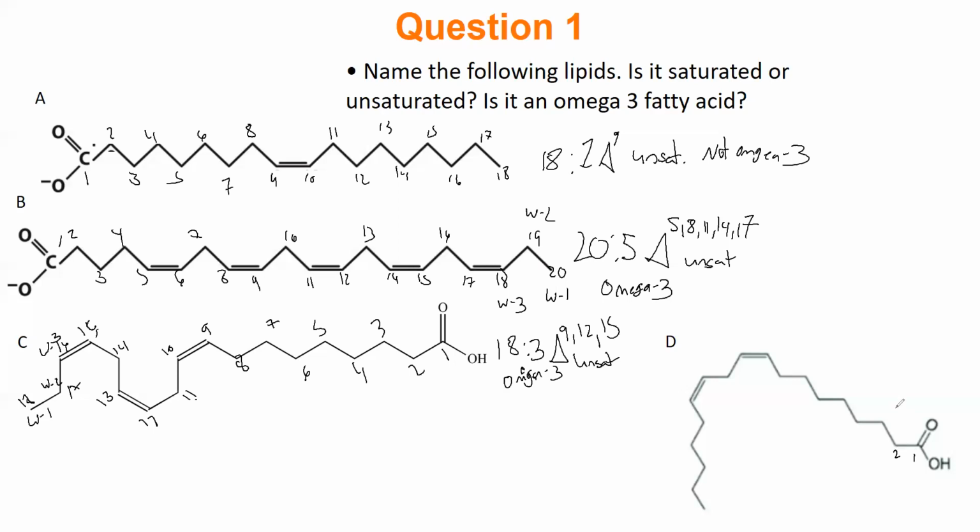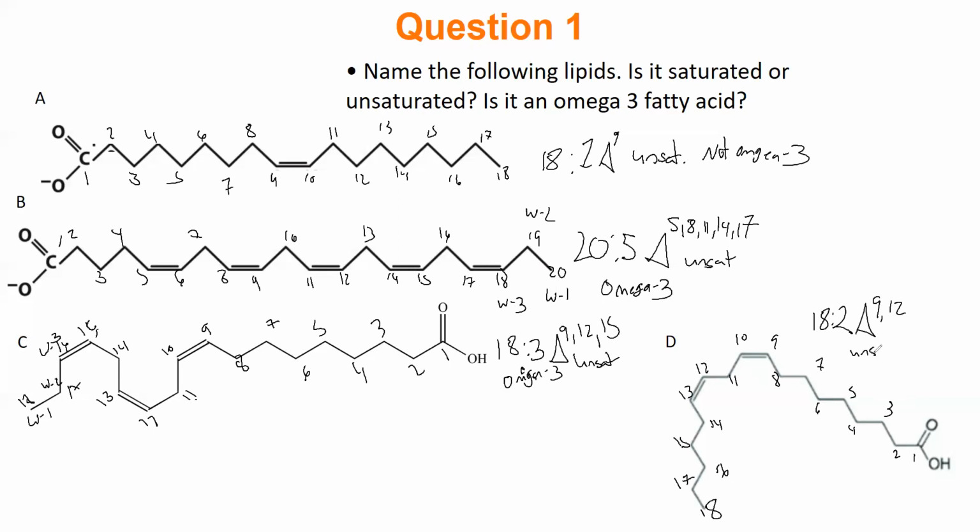Lastly, 1, 2, 3, 4, 5, 6, 8, 9, 10, 11. So our last fatty acid here is 18 carbons, 2 double bonds, 18:2, delta 9, 12.